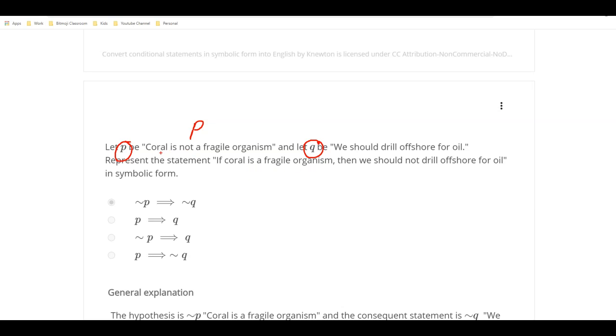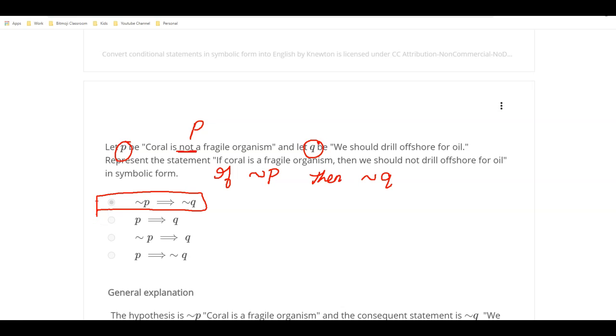This is simply the opposite. Here it says not, and here it says coral is. That means it's the opposite, so not P. So if not P, then let's see the next statement: we should not drill offshore oil. Wait a minute, Q stands for we should drill offshore oil. That means this is the negation, not Q. If not P, then not Q. And the only option is this one.